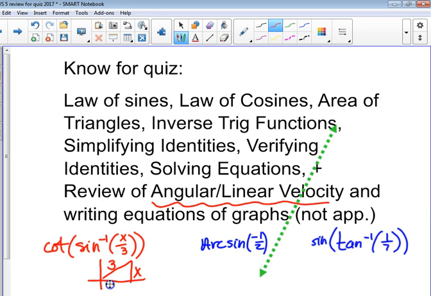Okay, now to find cotangent, I need opposite and adjacent. So I have to do some crazy Pythagorean theorem. If I know legs squared plus legs squared equals hypotenuse squared, I'd have this. If I subtract the x squared over there, it would say legs squared equals 9 minus x squared. To get rid of the squared, I'd square root.